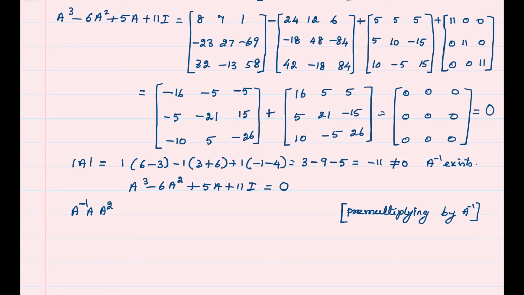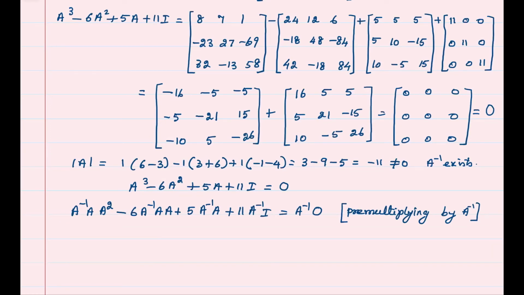A cube has been written as A into A square, minus 6 times A inverse AA plus 5 times A inverse A plus 11 times A inverse I equal to A inverse into 0 matrix. Matrix multiplication is not commutative. So either we have to pre-multiply this equation by A inverse or post-multiply by A inverse.